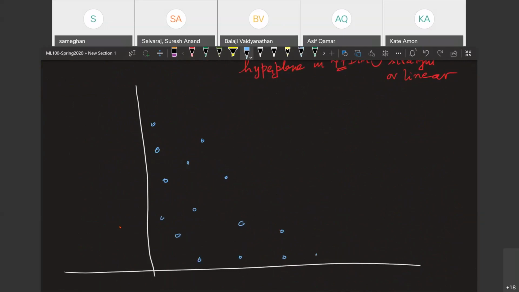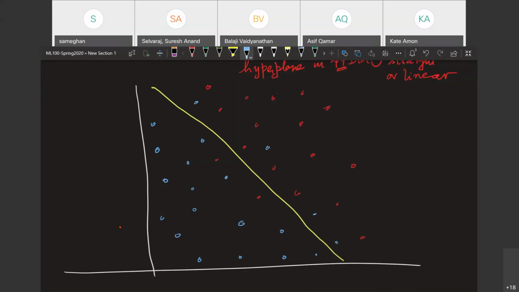Just assume that it is the same picture, but you have the decision line in red. This region is there. And of course, there are a few errors on both sides. This is your decision line, isn't it?